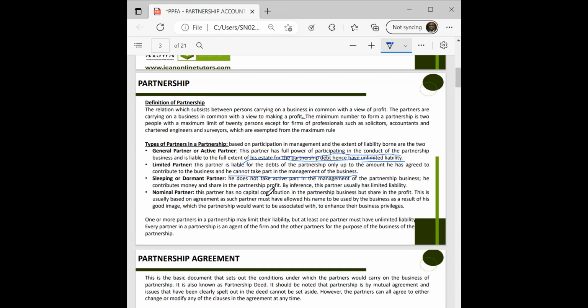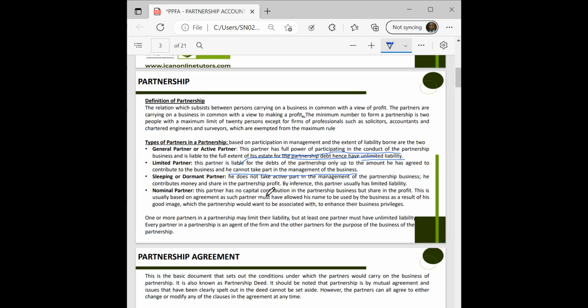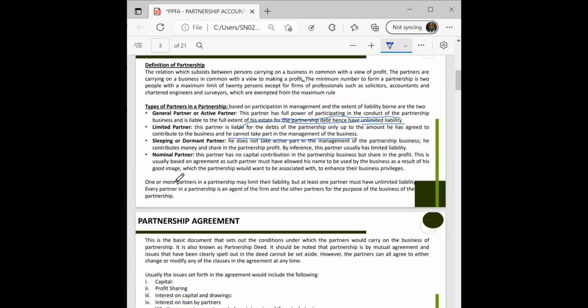It might be that you are using the person's name, right? For example, almost all these accounting firms that you see in Nigeria, KPMG, you know, it's a global brand, but it's not the global brand that actually owns all the KPMG that you have in the world, right? It might just be that, or Ernst & Young, or PwC, and all those other big firms.